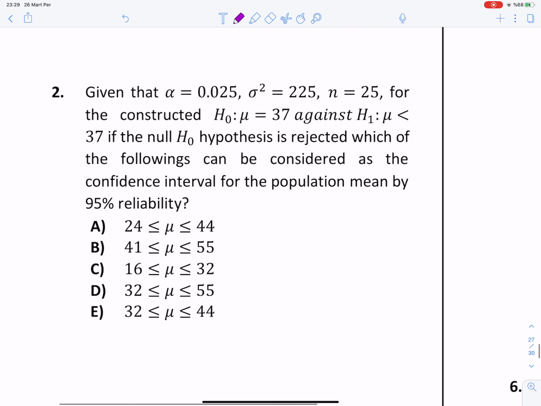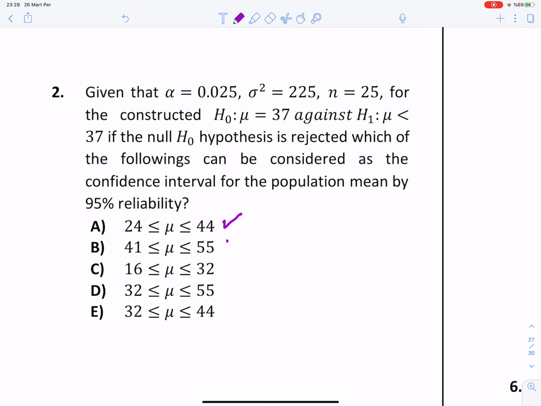Okay, one will be the one we should consider as the confidence interval. So if you're rejecting the null hypothesis and you're supporting the alternative hypothesis, it means 37 will be not within the range. So in this one, question A, 37 is inside the range.